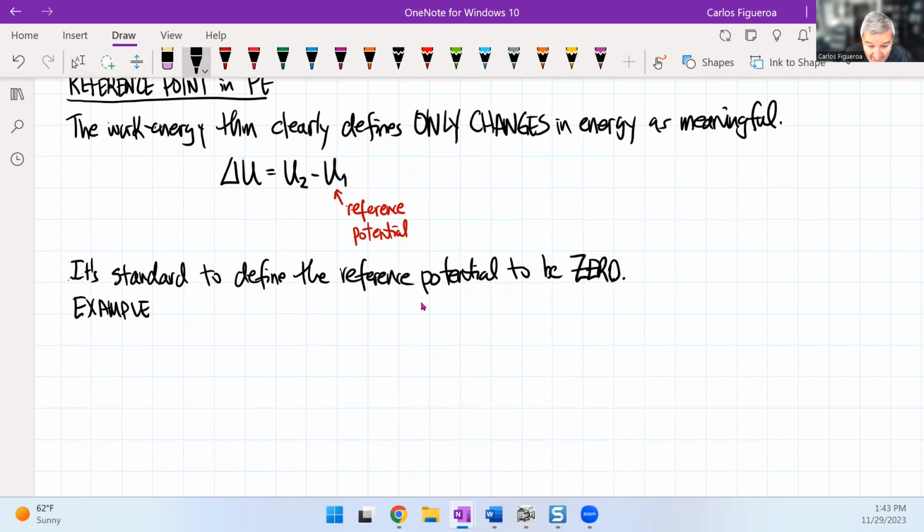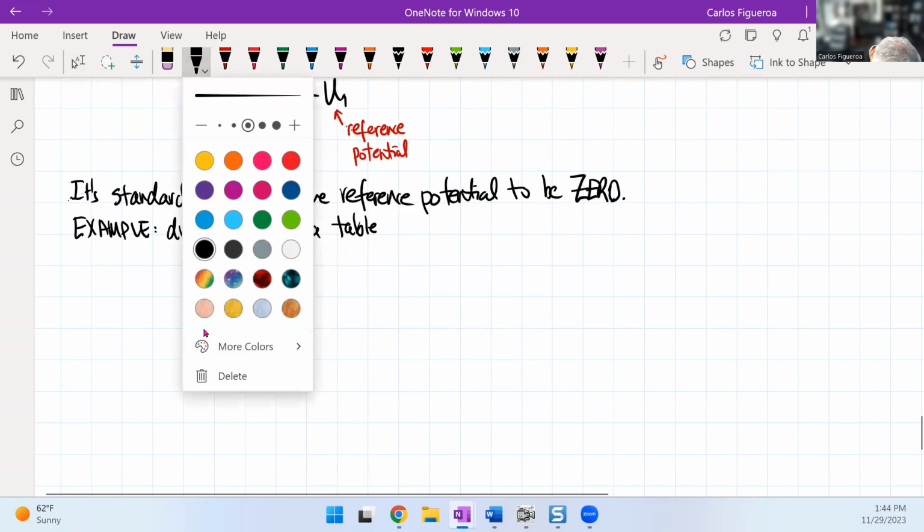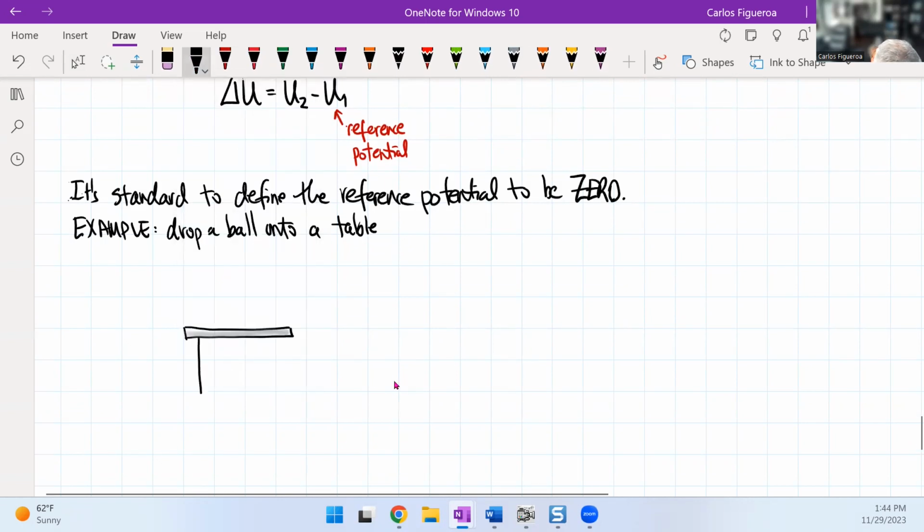So imagine that we're going to drop a ball onto a table. And so here's what we find. I have a tabletop right here. And when I'm looking at this tabletop, we can define our reference potential to be 0.